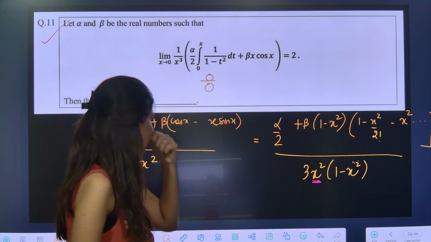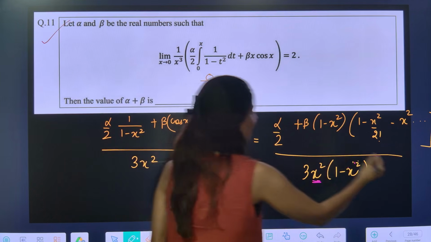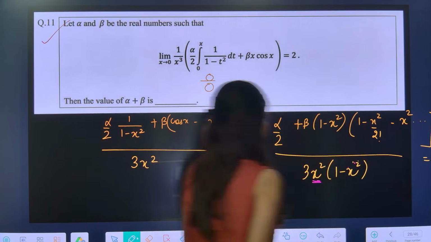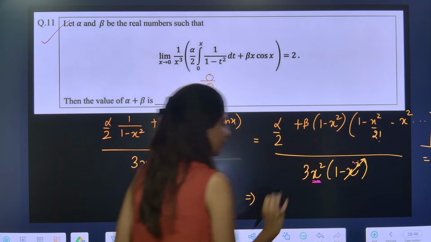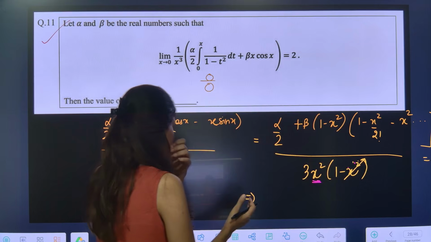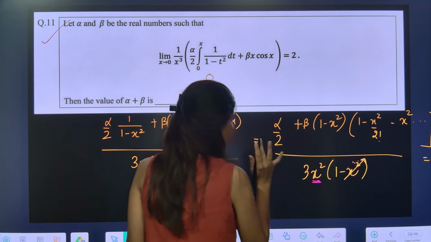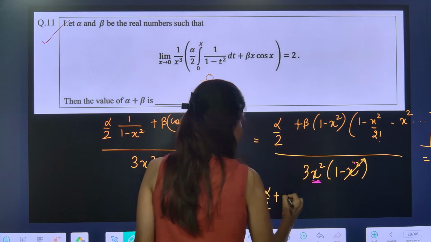So till x square you are expanding. Now all you have to do is, this limit is 2. So now let us just remove this x power 4 from the picture because it will be very small.